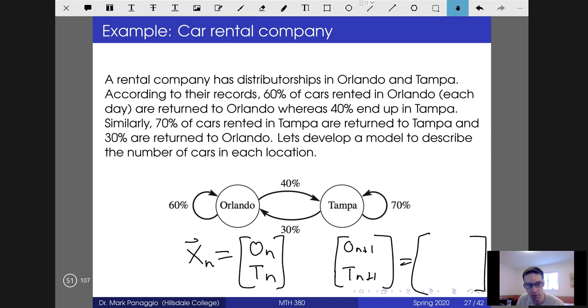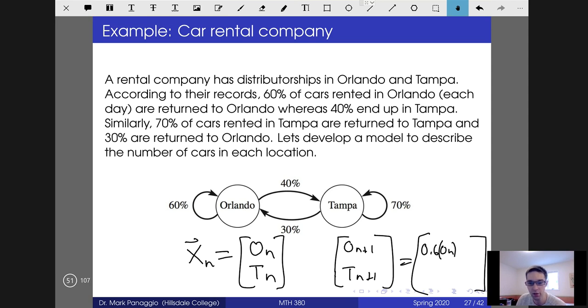So if you think about just Orlando for a second, on any given day, 60% of the cars that are in Orlando are going to stay in Orlando. So the new value of O_{n+1} will include 0.6, so 60% times O_n.